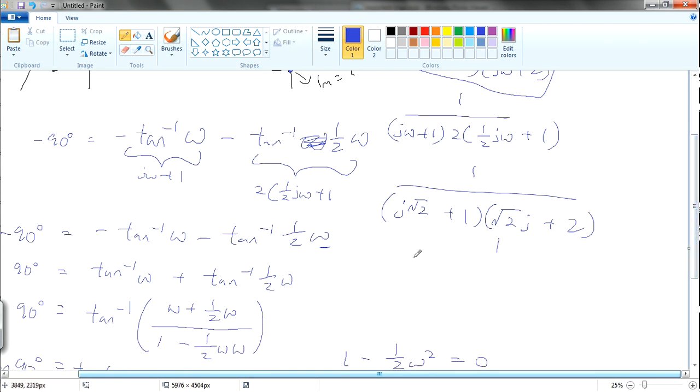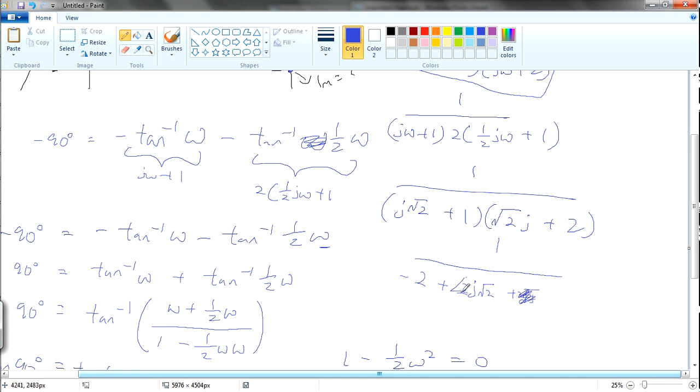So if I were to solve for it, what do I have? So j times j is actually minus 1, so I have minus 1, because square root 2 times square root 2 is actually 2, right? So yeah, minus 2. And then what do we have? We have 2j square root 2 plus j square root 2.